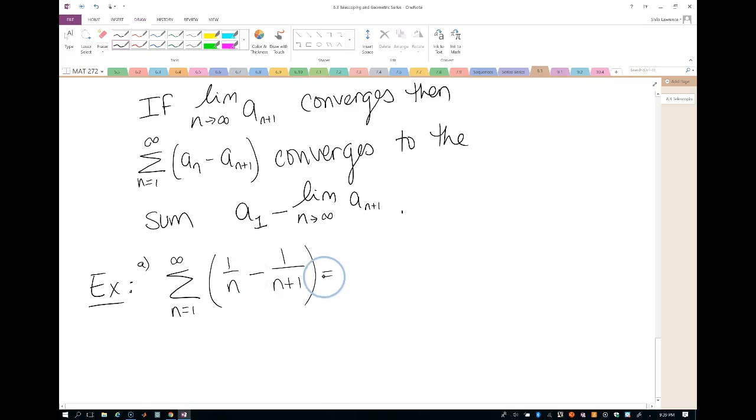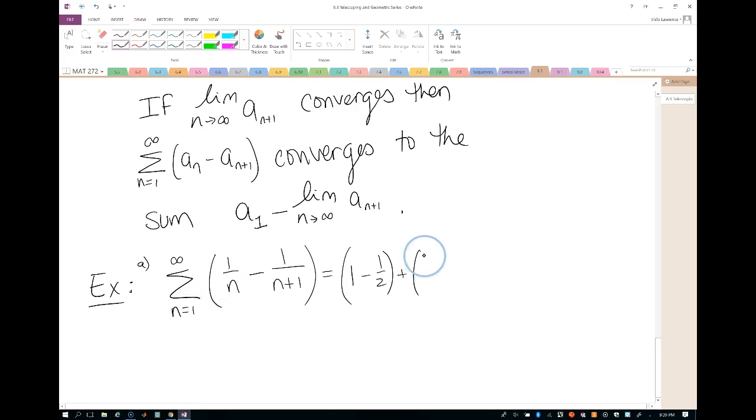So if we write out a few terms of the series, I get 1 over 1 minus 1 over 2. And I'm not trying to simplify this along the way. If you go ahead and calculate 1 minus a half equals a half, you'll kind of lose the idea here that this whole thing collapses back down.